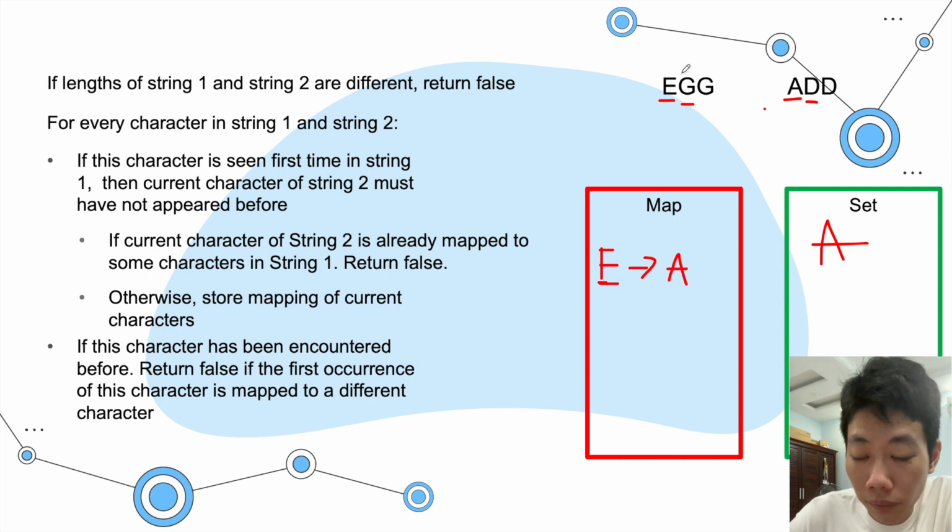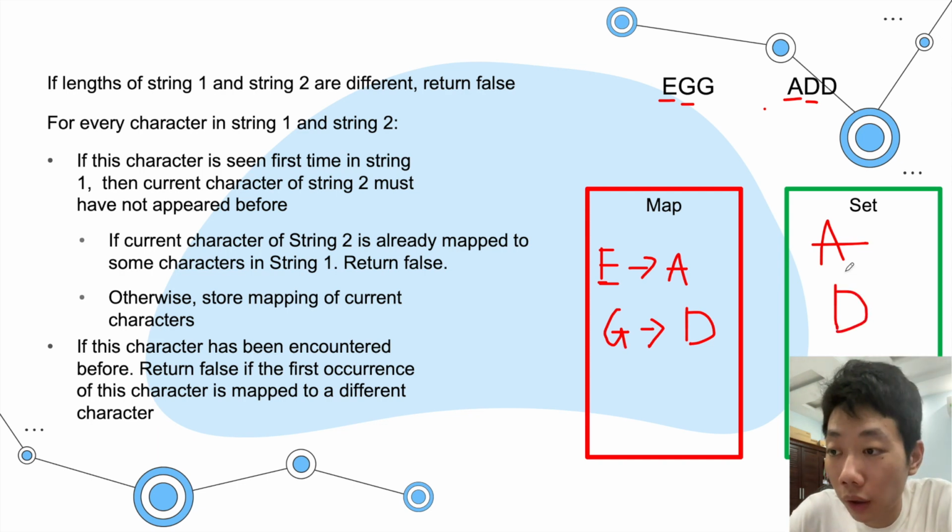So we will check if the character in string 2 is in the set or not, and as you can see, it doesn't exist in the set, so we will insert G mapped to D. And we will insert D into the set.